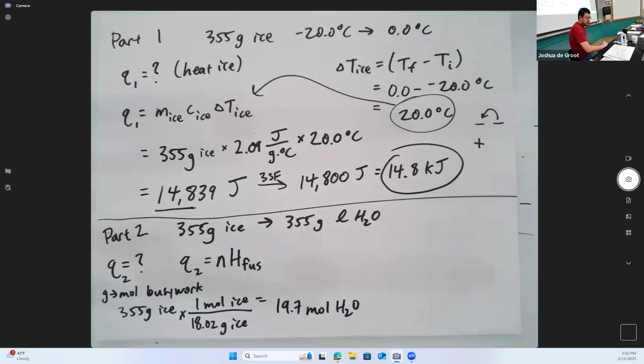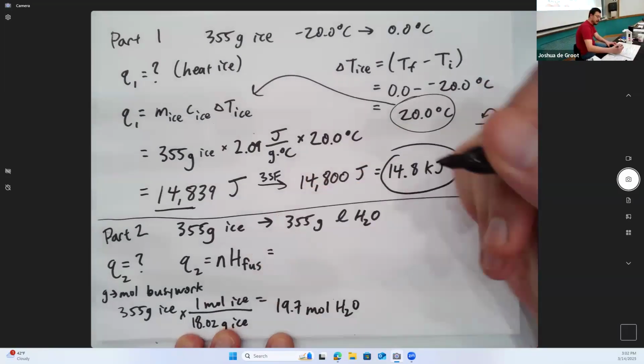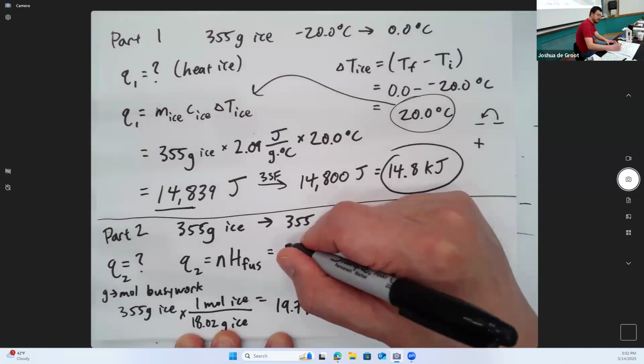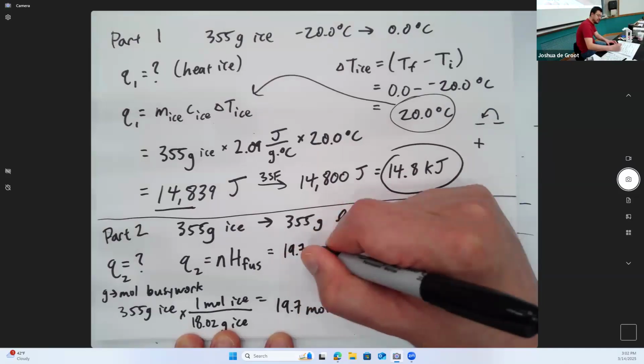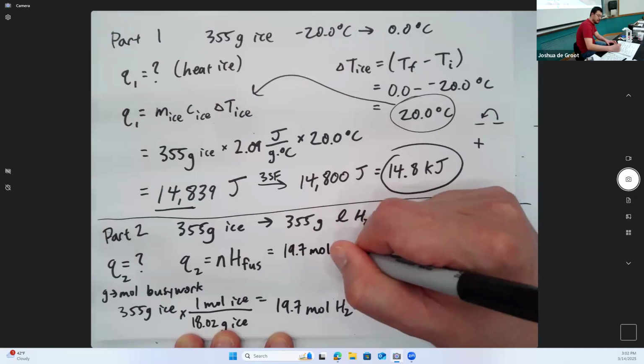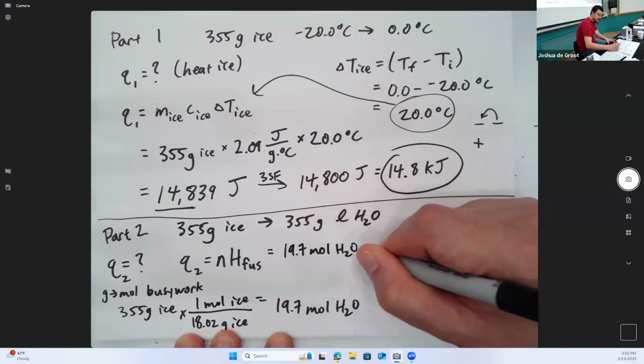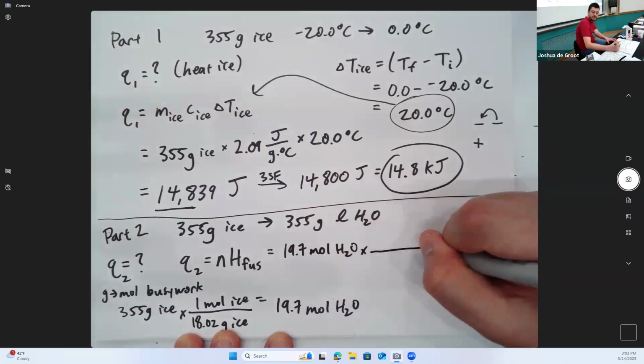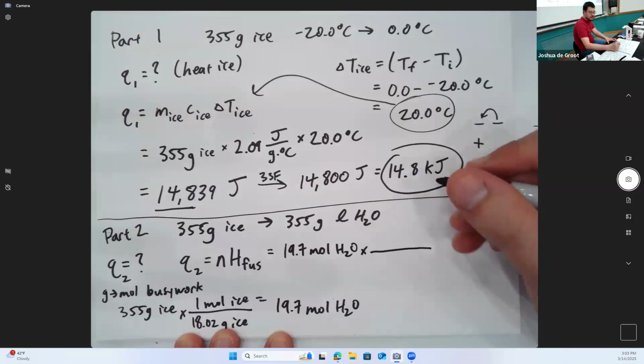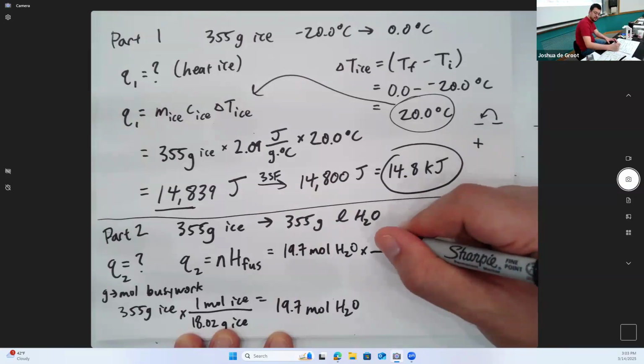Okay. And now that we have the moles, we can go ahead and finish the calculation. We're going to take 19.7 moles of water, and we're going to melt it, unfuse it.